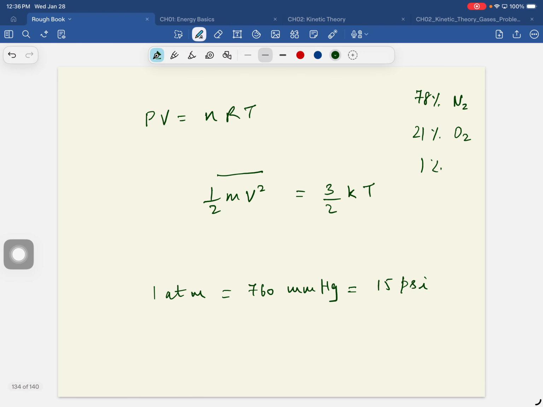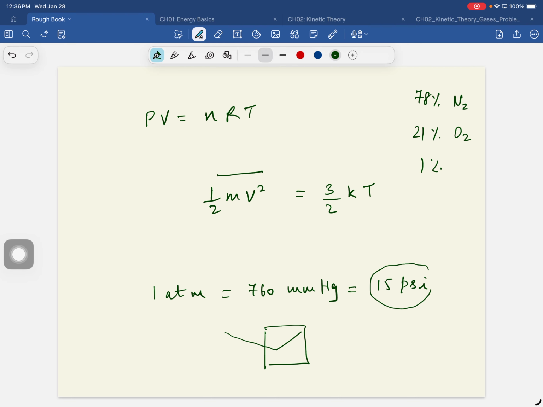Going back to this number, it's 15 pounds per square inch. So here's a square inch. What does that 15 pounds per square inch mean? Like I said, you've never felt an air molecule, have you?